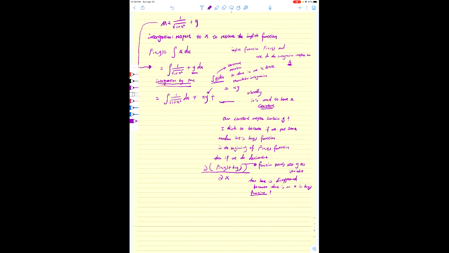So I will put h(y) here. That's when we do the integration to restore the implicit function.